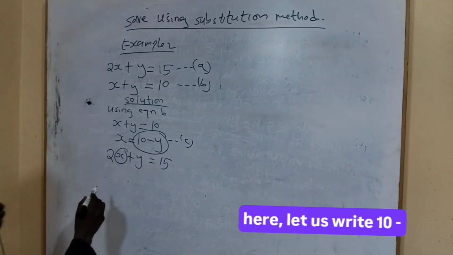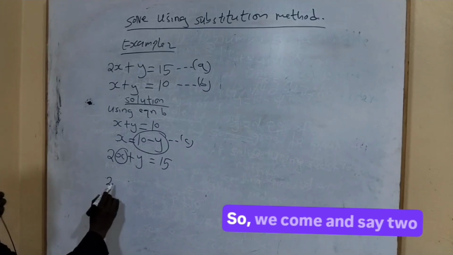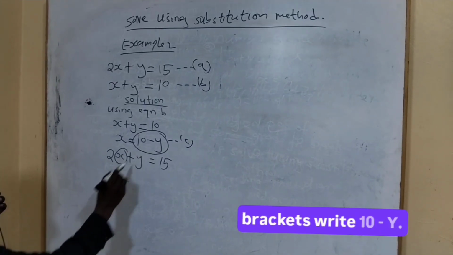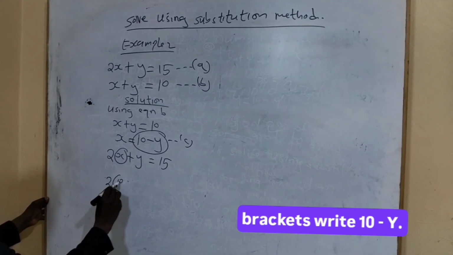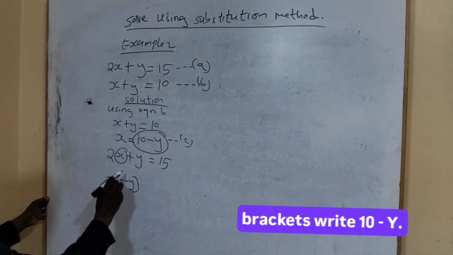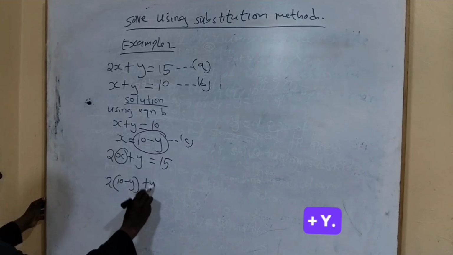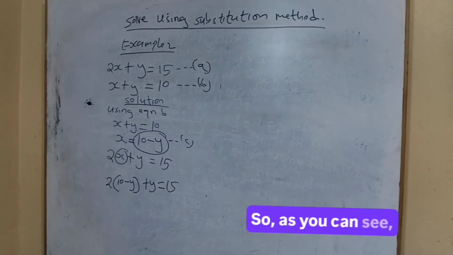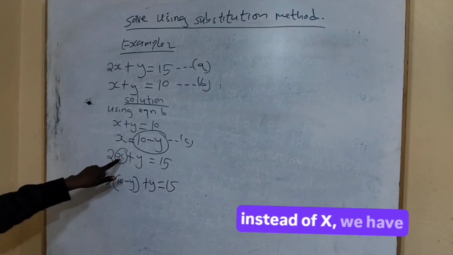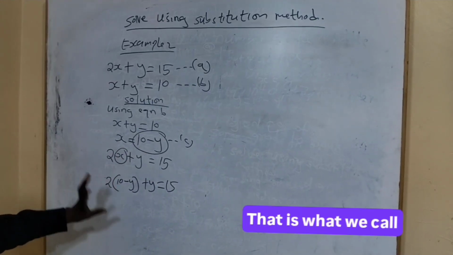So we come and say 2, brackets, write 10 minus y, plus y. So as you can see, instead of x, we have written 10 minus y. That is what we call substitution.